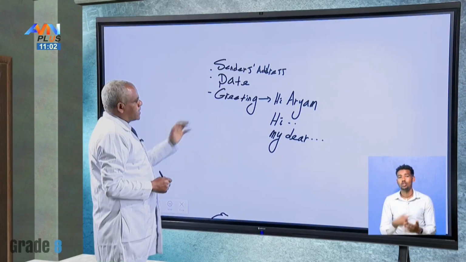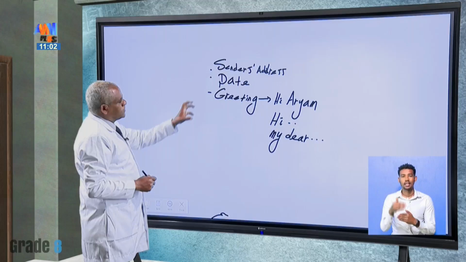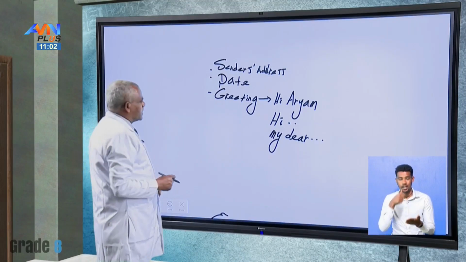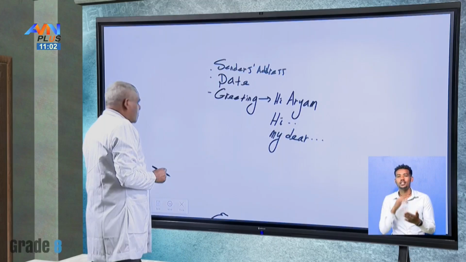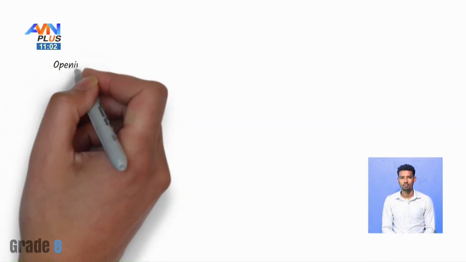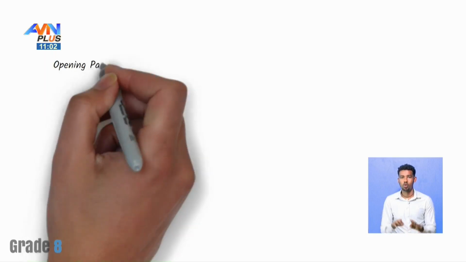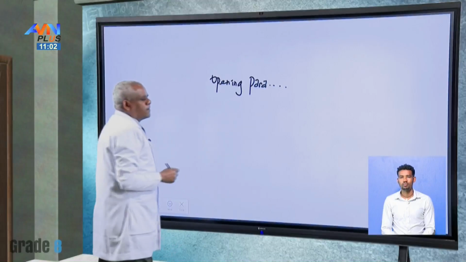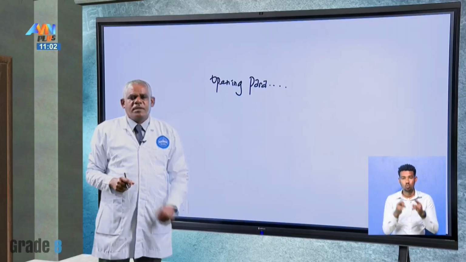So let's come to the next part of the informal letter, that is a friendly letter. Beside greeting, there is the opening paragraph. What do you mean by opening paragraph? There are different ways of opening your friendly letter.